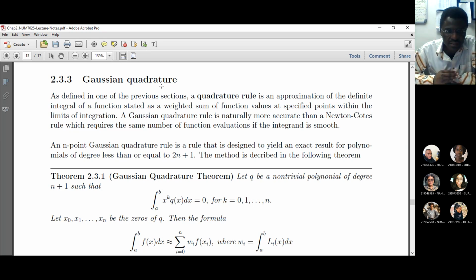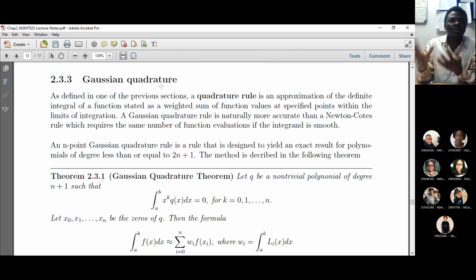Okay, now what is the difference? The difference here is in terms of the degree of precision. Remember that degree of precision indicates the degree of the polynomial for which the rule is exact. That is, if I take a polynomial of that degree and integrate, the error term will be 0. So what I obtain with the formula is exact, it's not an approximation.